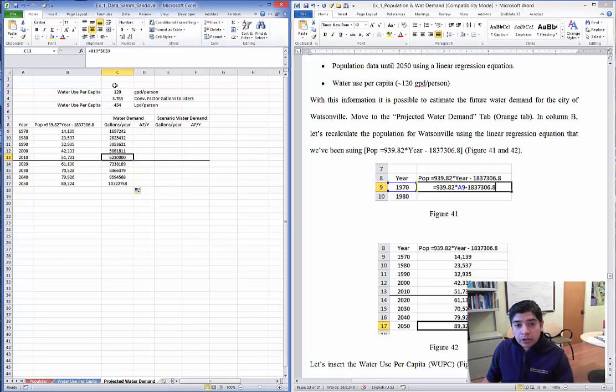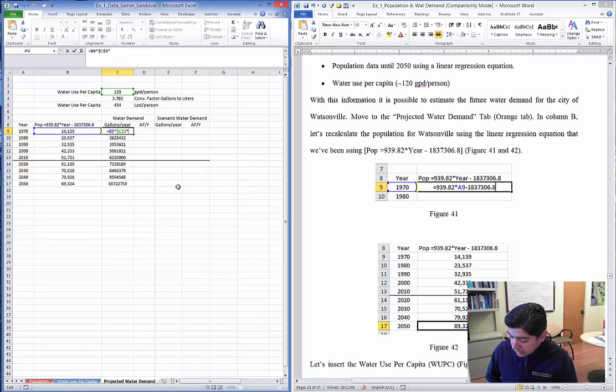Okay, so now we have estimated the water demand in gallons. Oh, and this is, okay, so this is the population times the water use per capita, the gallons per day per person.